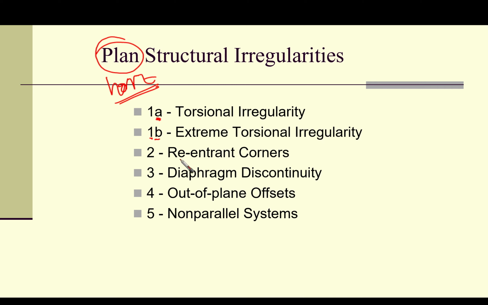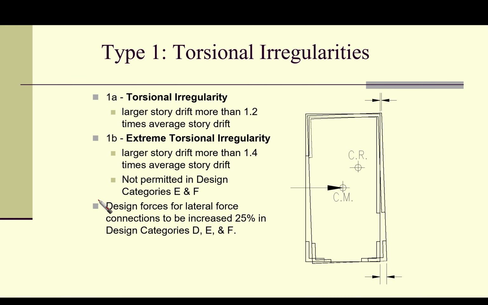Type 2 is re-entrant corners, type 3 is diaphragm discontinuity, type 4 is out-of-plane offsets, and type 5 is non-parallel systems. We are going to go into every one of them and understand it.